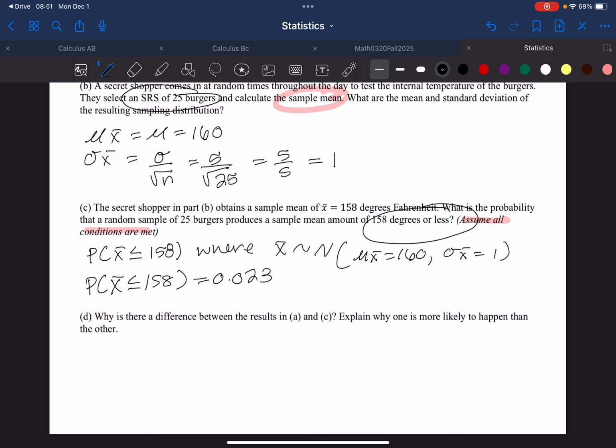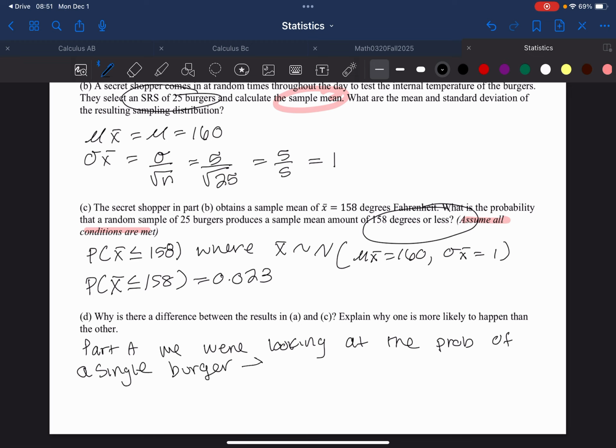So in part A, we were looking at only the probability of a single burger. Since that distribution has more variability in it, we have a higher probability of it happening due to chance. So part A, we were looking at the probability of a single burger, which implies higher variability.